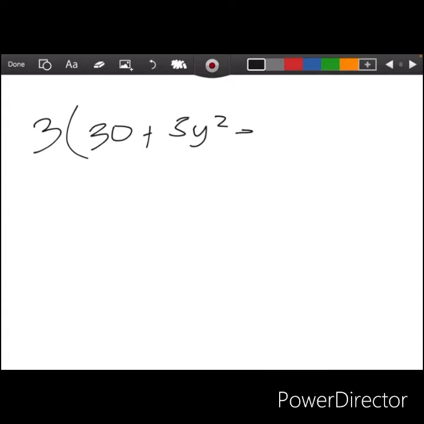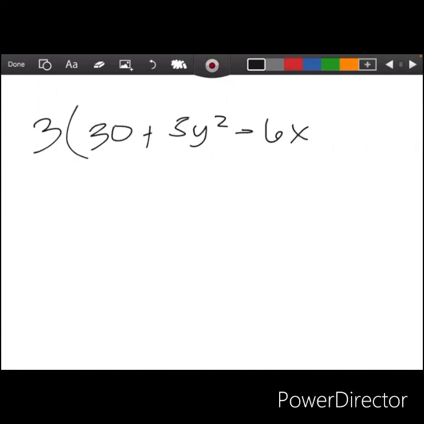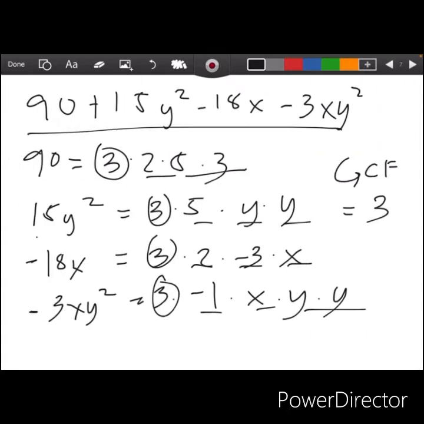We have negative 6x. And get the product, negative 1 times x is negative x, times y is negative xy squared. And now this is the factored form, or the final answer, of 90 plus 15y squared minus 18x minus 3xy squared.